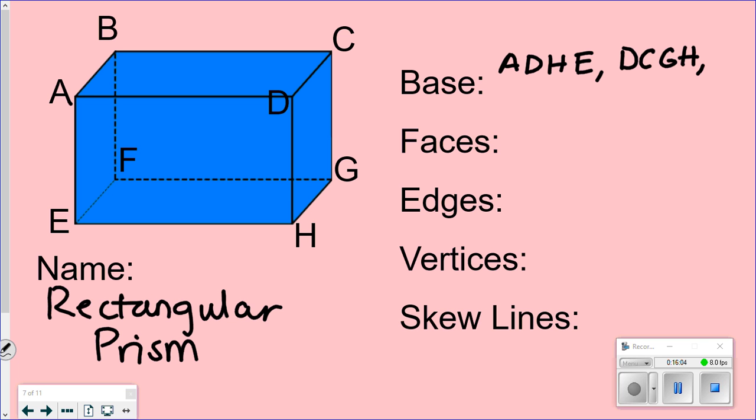It has to be like around. All right, so then I got this side. Let's do the back. So B, F, G, C. And then the side, A, B, F, E. So now I did all my sides. Now I'm going to do the top and the bottom, A, B, C, D. And the last one, E, F, G, H.